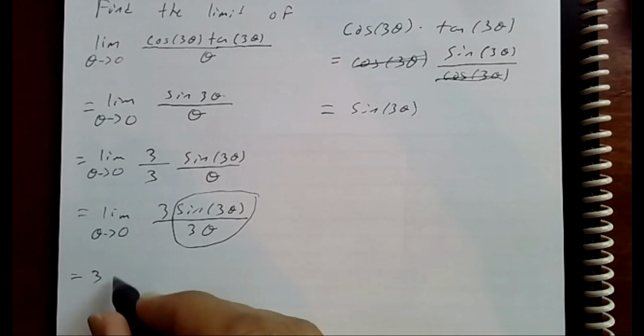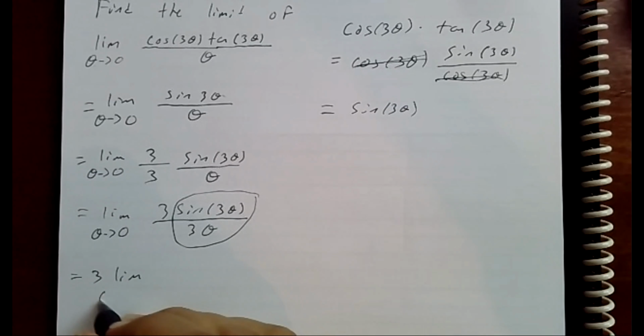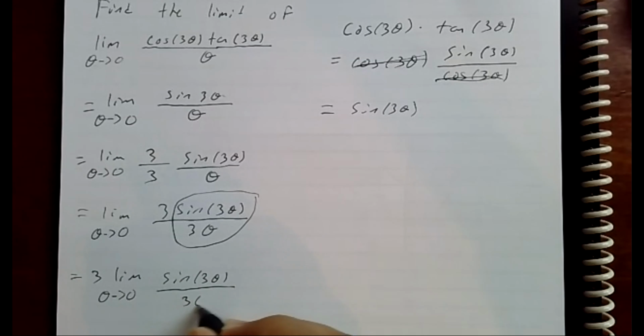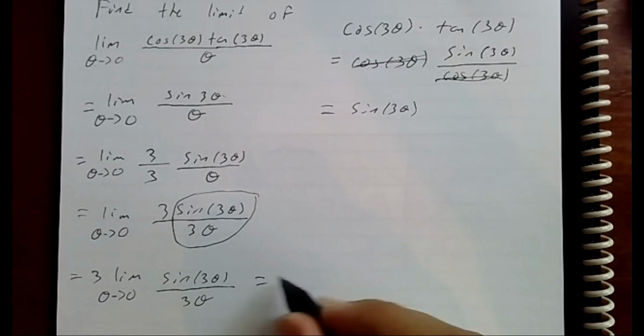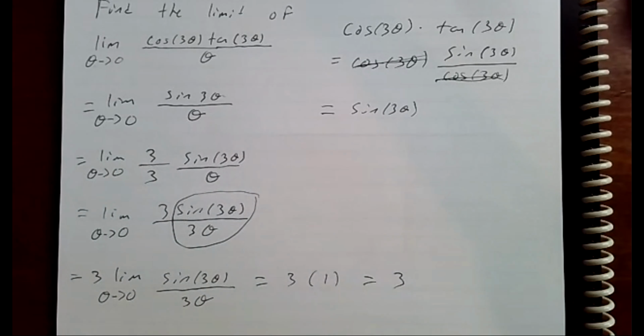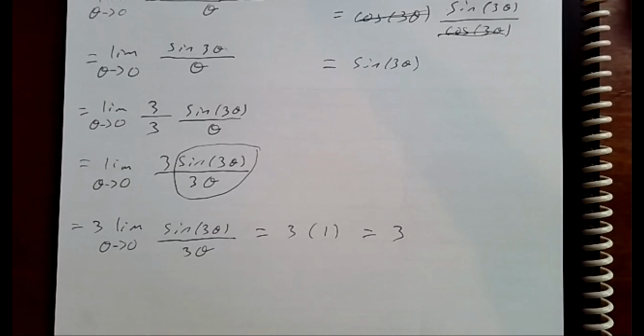I can pull out the 3 to make it make a little more sense, I hope. This 3 is just waiting for us. So the limit becomes a 1. 3 times 1 is 3. Any questions on the algebra at the beginning or the algebra to use the formula?